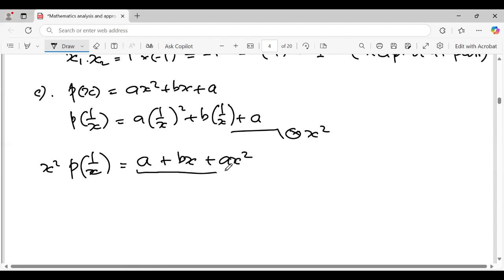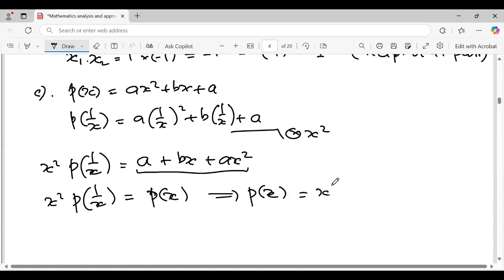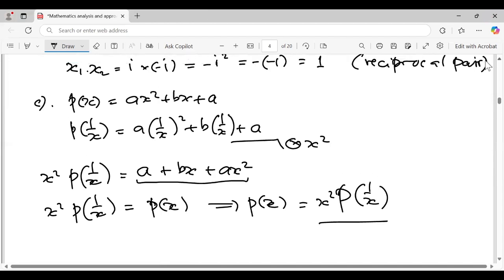And this expression is P(x). So x squared P of 1 over x equals P(x). So P(x) equals x squared P of 1 over x. Next question.